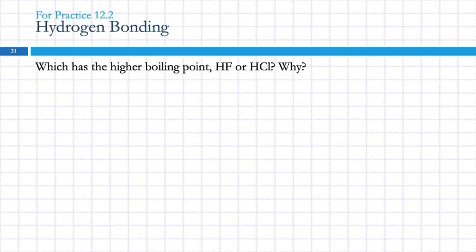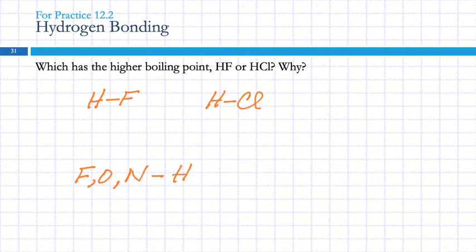Which has the higher boiling point, HF or HCl? HF. Why? Well, it's not that F is smaller. It has to do with E.T. So both of these are polar molecules, right?